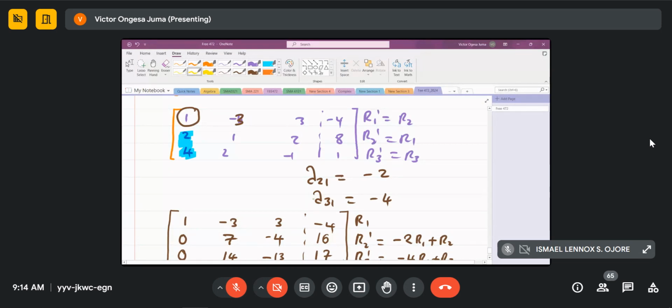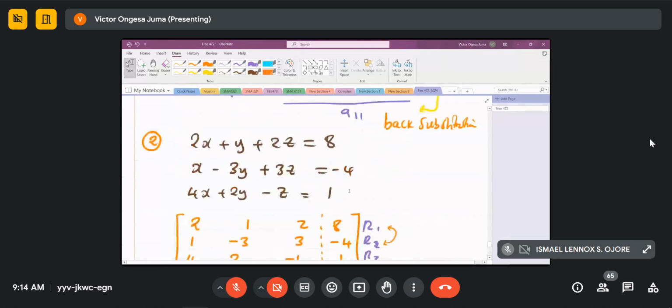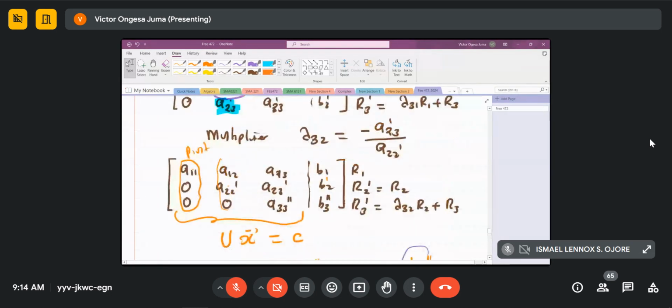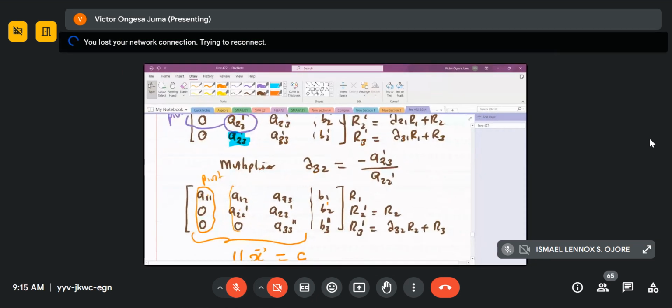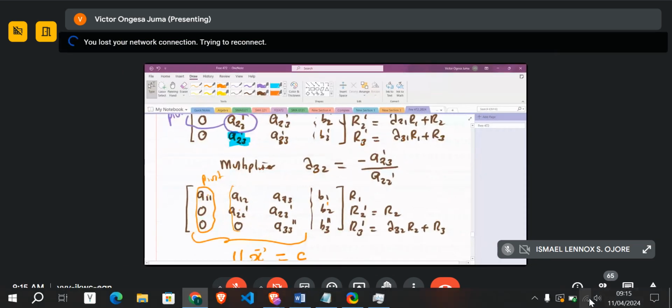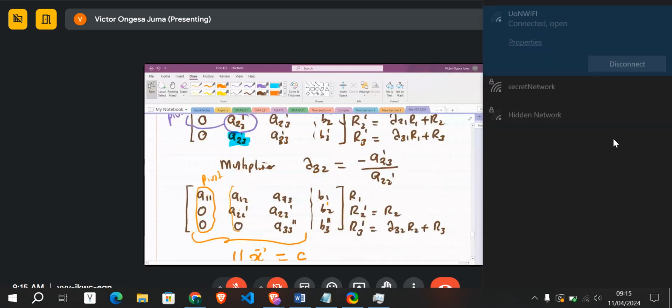And so for a31, you look at the number in row 3 divided by the number in row 1, and then you negate. Maybe I wrote the wrong thing somewhere.